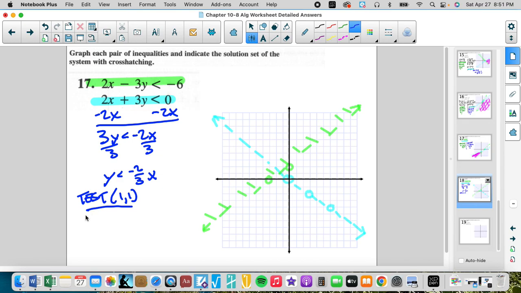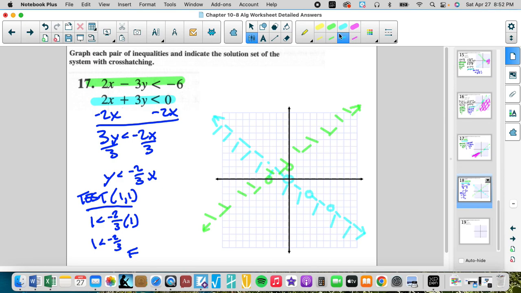If we test 1, 1, we get 1 is less than negative 2/3 times 1, so 1 less than negative 2/3. That's false. So 1, 1 was here, so that's false, and we have to graph the other side.